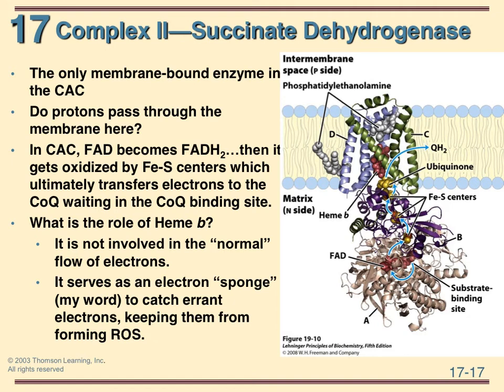It's not just going to float around; it's going to attack something, and it could reform reactive oxygen species, which would be bad. So it helps keep those free radicals from forming. It catches it, tosses it back, whenever the Q is ready to become QH2. It's like a safety valve.